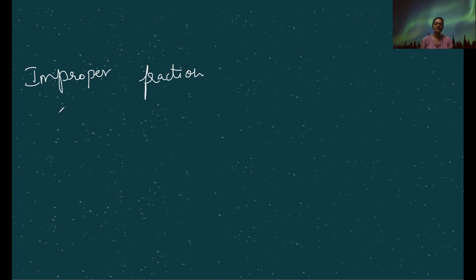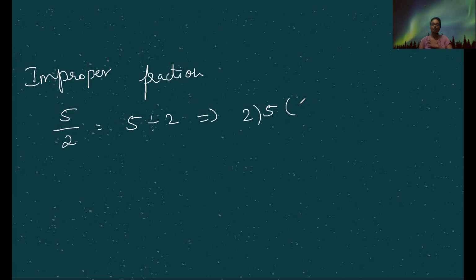Now, for example, 5 by 2 is an improper fraction. Same concept: 5 divided by 2. The numerator will be inside as usual, and the denominator will be outside. Great. So 2 2s are 4.